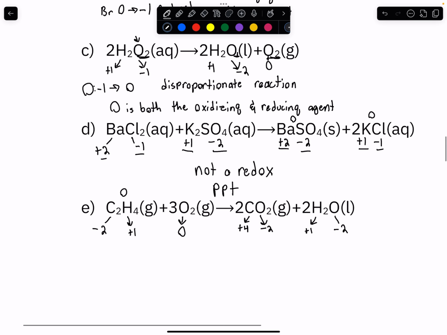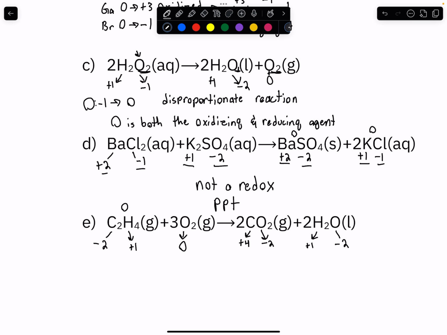Now, I know that's kind of confusing because over here in this earlier equation, we said that the O2 on this side, I'm going to do it in a different color, only relates to the O2 on this side. This O2 does not relate.